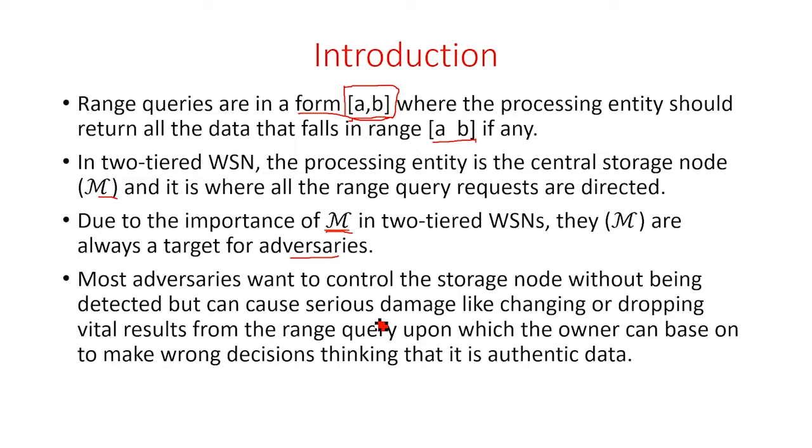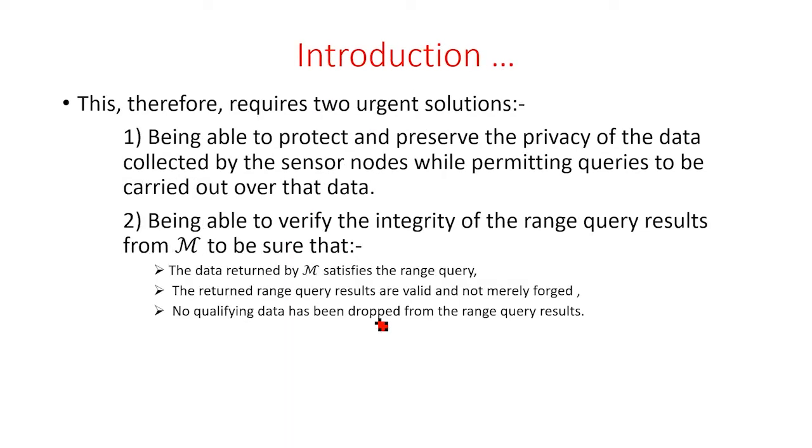So we need to first protect and preserve the privacy of the data collected from the nodes. It's not wise to attack individual nodes because each has very little information, but when you attack the storage node, you have access to a lot of information. So our aim here is working with M.